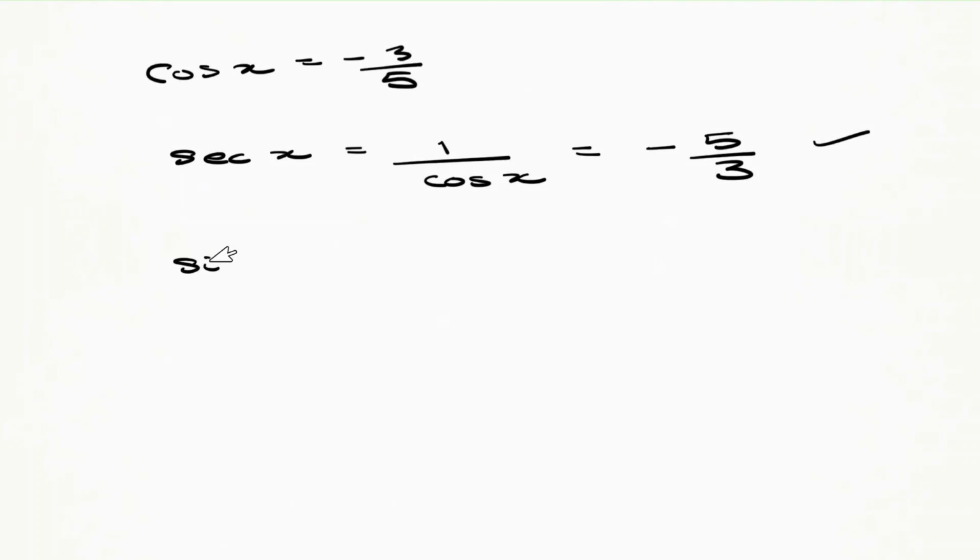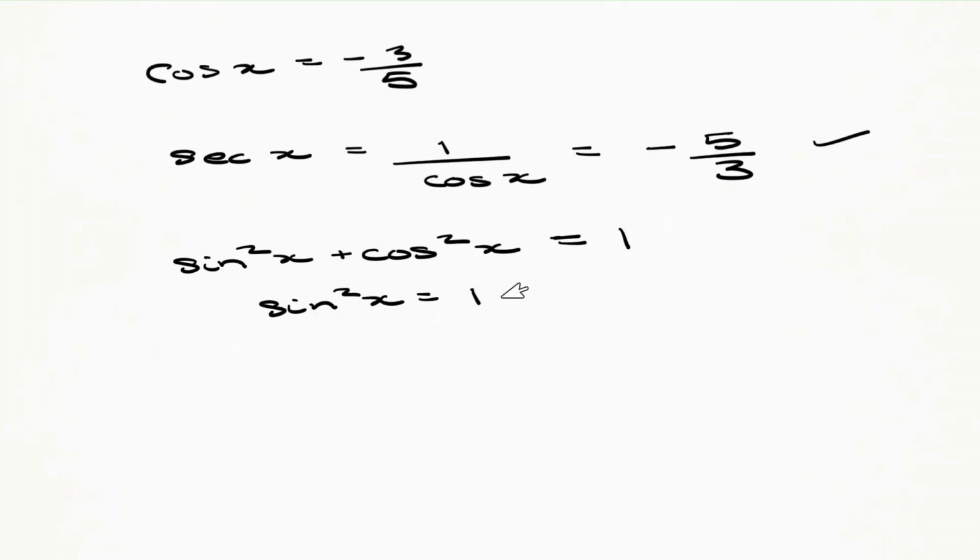Well, we know that sine squared x plus cosine squared x from our unit circle trig identities is 1. So sine squared x will be 1 minus cosine squared x.